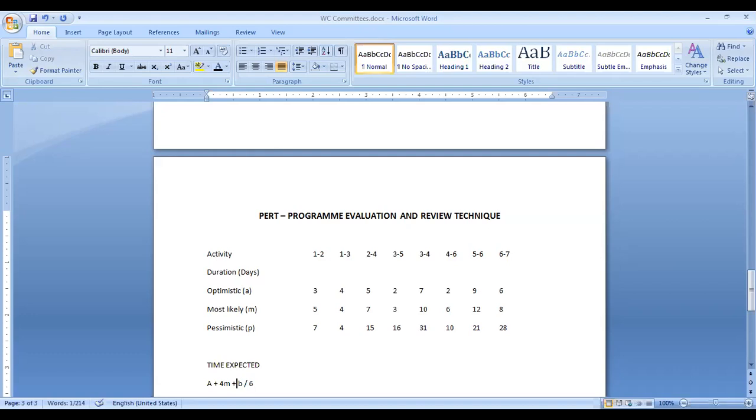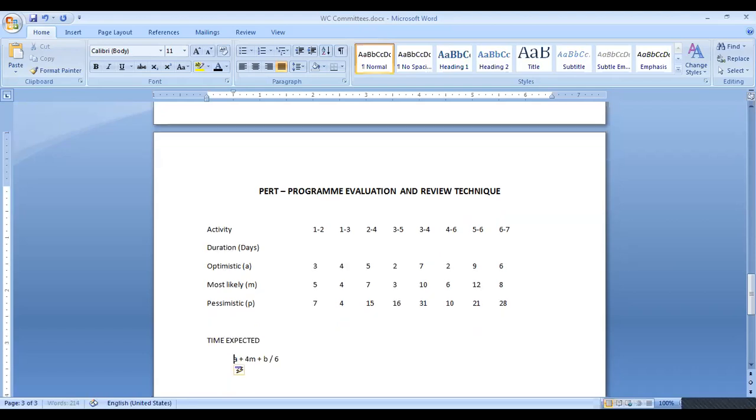A is 1, B is 1, and M is 4. 1 plus 4, 5 plus 1 is 6. So if you use this formula for every activity, you can find the time expected first, which can be used in calculating the project duration.